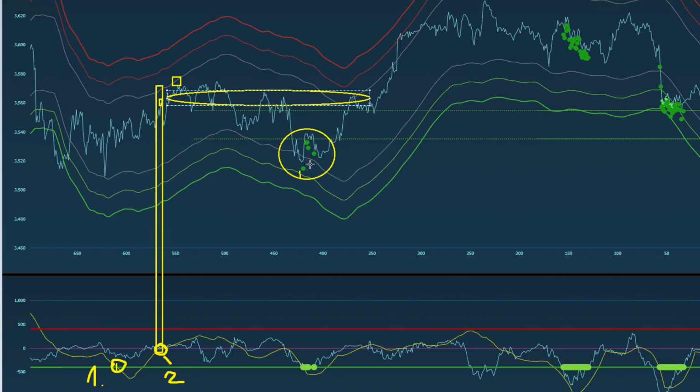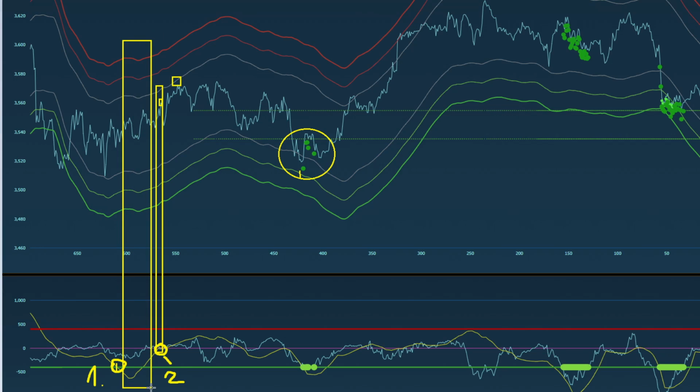Or you close down your position. Either way, you shouldn't lose any money on this trend setup, right?